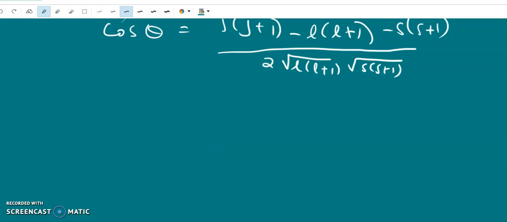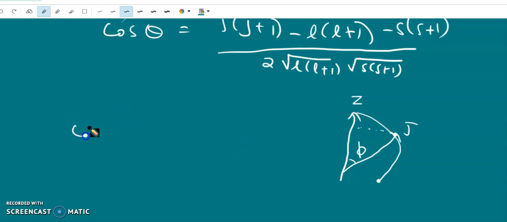So this is the angle between L and S. So now we have a magnetic field, in the presence of which J precesses around the magnetic field direction Z. So we have the space quantization diagram. Suppose phi is the angle made by the J vector with respect to Z. We can find cos phi also. So we already have a diagram.